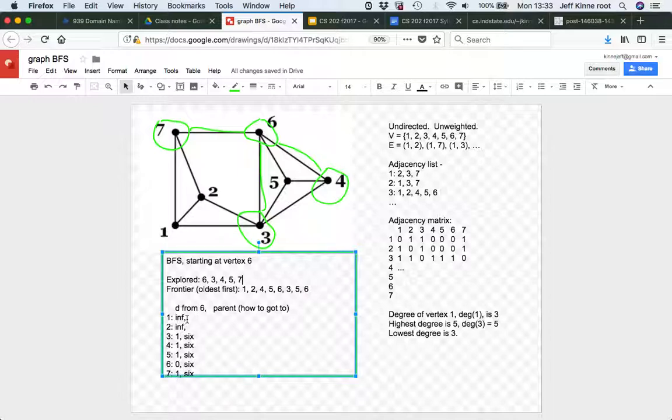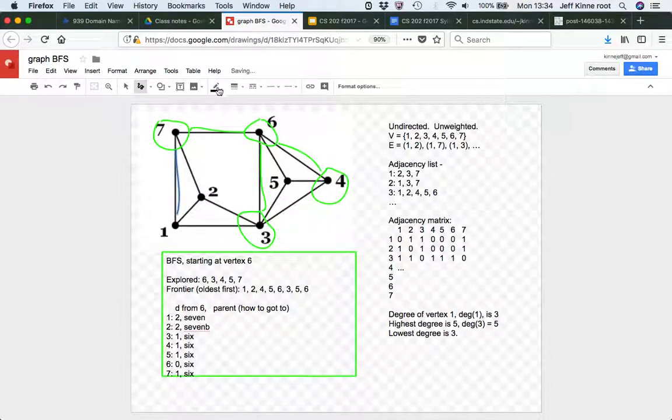So if we look at 1, we can get to 1 from 6, and then 7, and then 1. We already have one edge to get to 7, and another edge to get to 1. So this is going to be distance 2 from 6, and same for 2. Vertex 2 is distance 2 from 6. And if we wanted to draw those paths, we could. We already know that path is there.